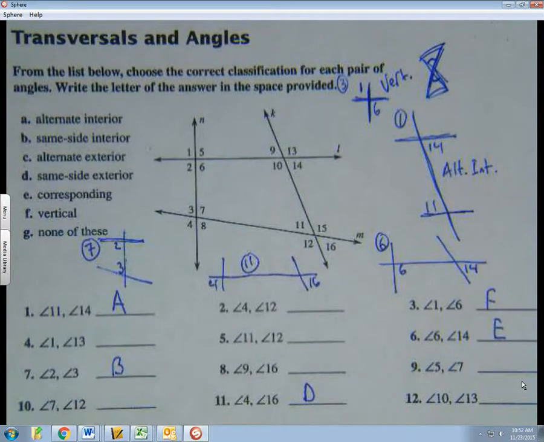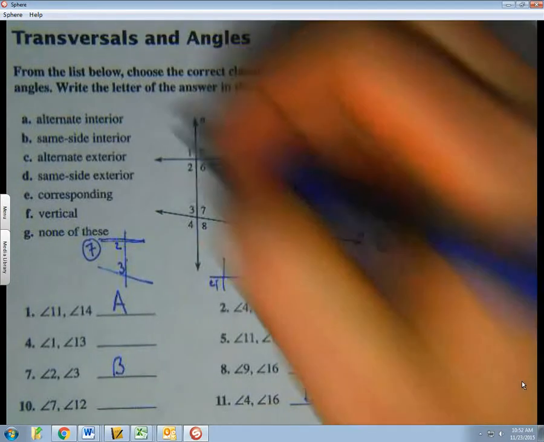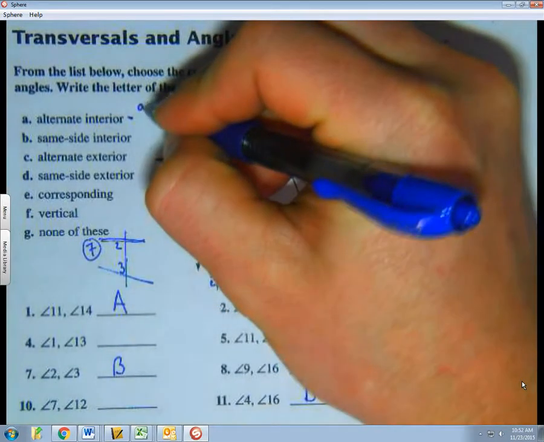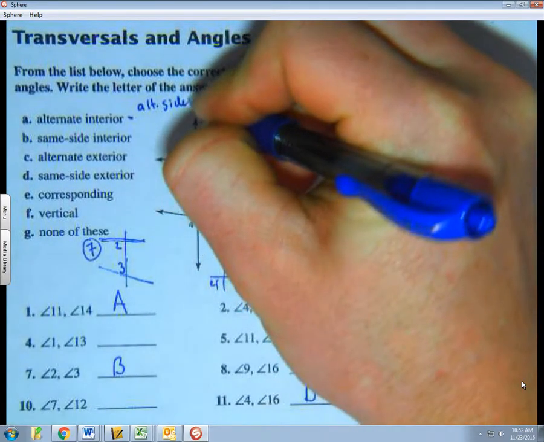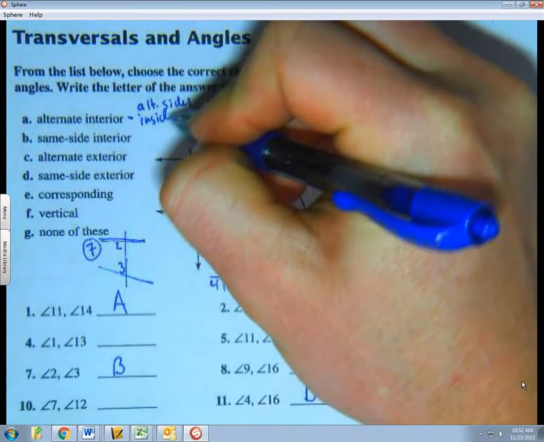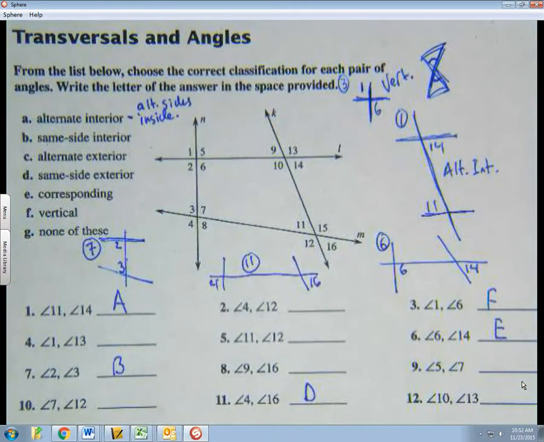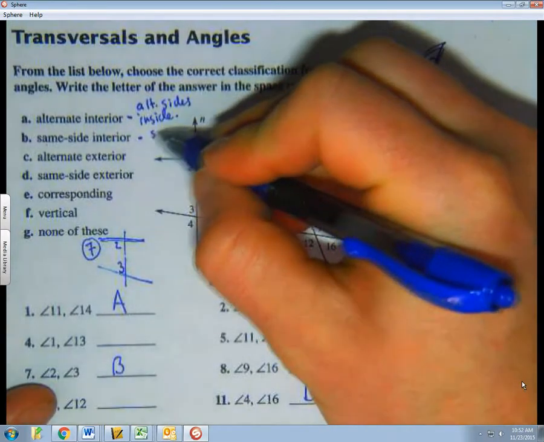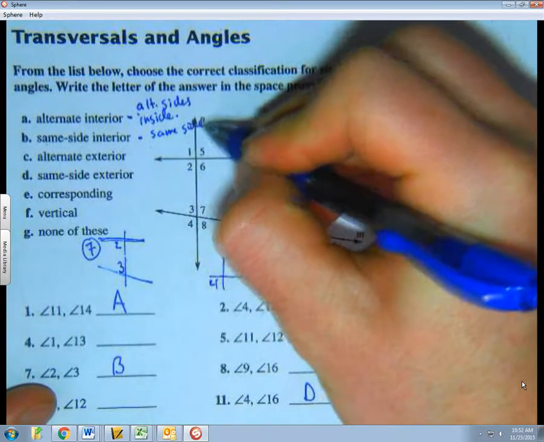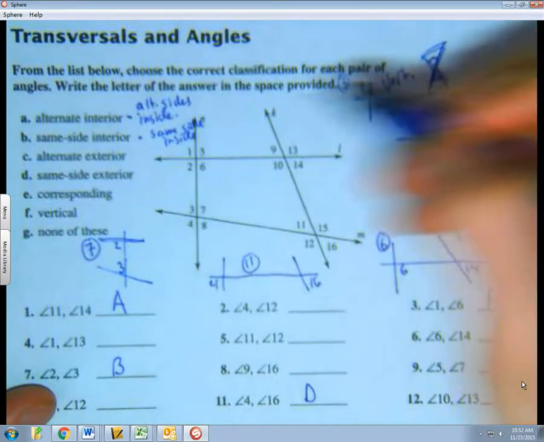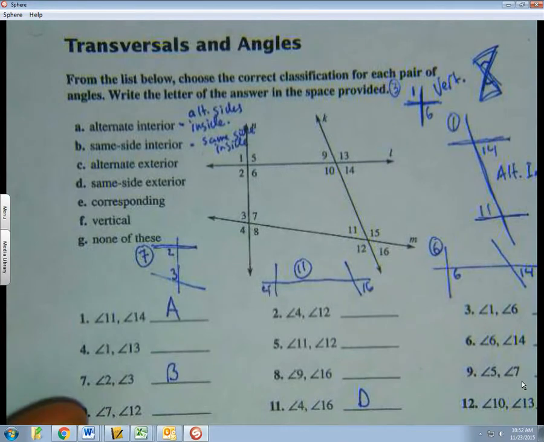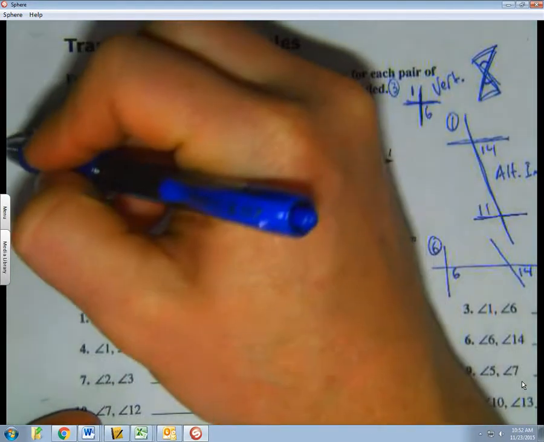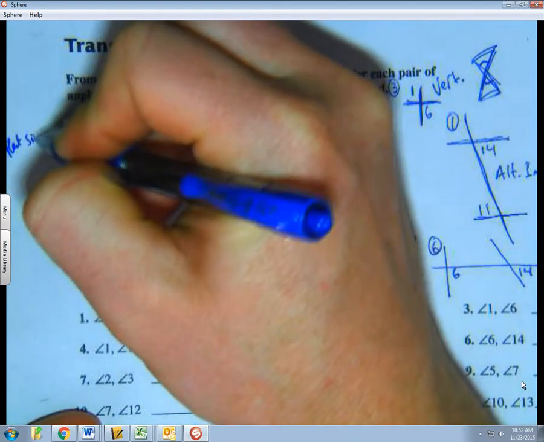Okay. So hopefully we have enough here to kind of start some of these definitions. Alternate interior, alternate sides on the inside. Same side interior, same side inside. I'm going to slide over here a little bit to give us a little room. Alternate exterior, different sides, outside.